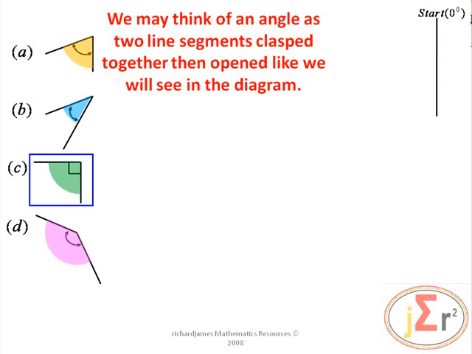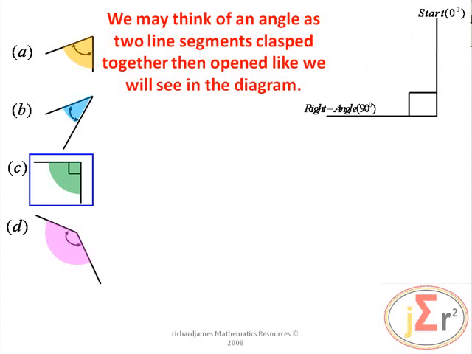So we think of an angle as two line segments clasped together, then opened like that. So that is your 90 degrees angle, and it is equal to one right angle.